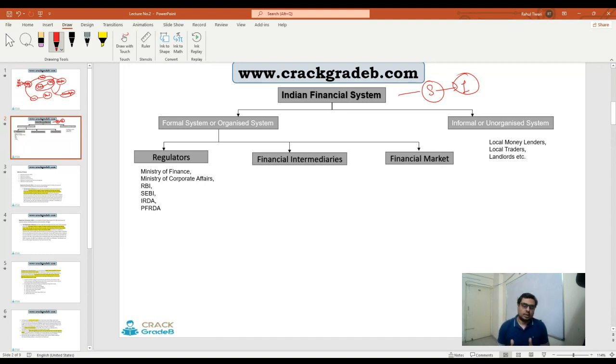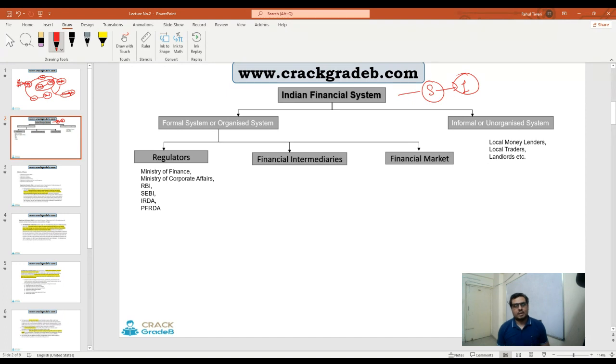And because of the presence of a huge informal system, sometimes the policies made in the context of RBI's monetary policy or the policies implemented by the government of India face a lot of hindrance and problems in implementation. Why?